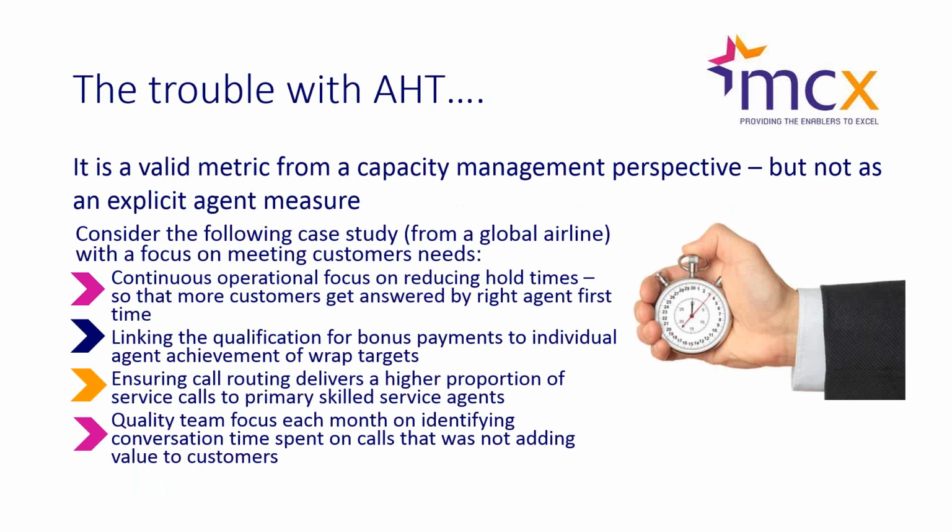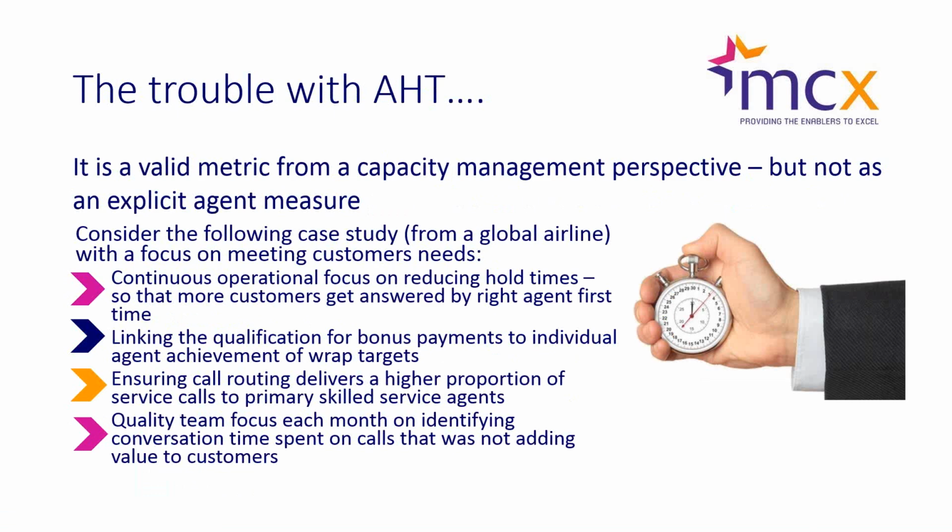The service agent could deal with that inquiry more quickly and with a higher degree of satisfaction. Likewise, if we got a sales call through to a sales agent, we had a higher conversion rate. So we started playing with the routing to get to a stage where we had a higher proportion of primary skilled agents answering inquiries, and that also helped us.